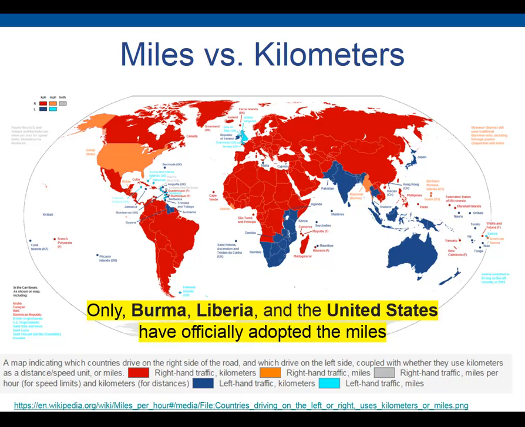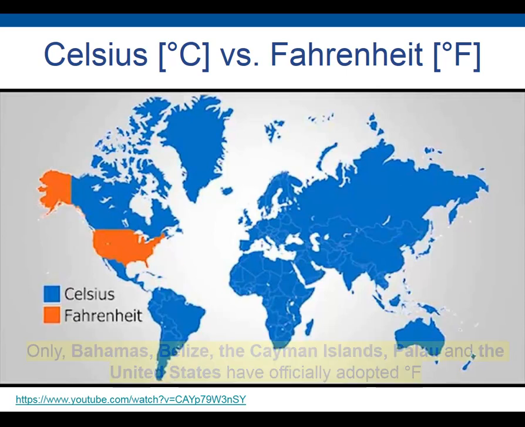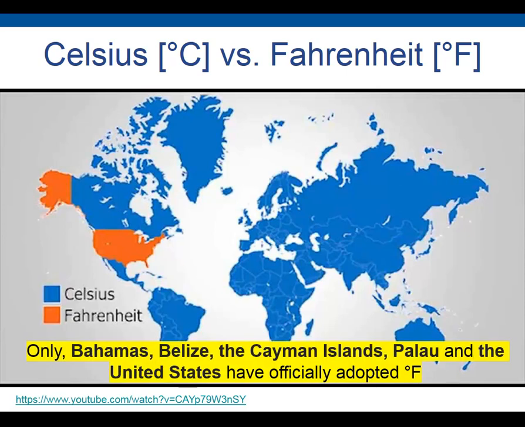Only Burma, Liberia, and the United States have officially adopted miles. Temperature-wise, it's even worse. Only a few countries like the Bahamas and the United States have officially adopted Fahrenheit.